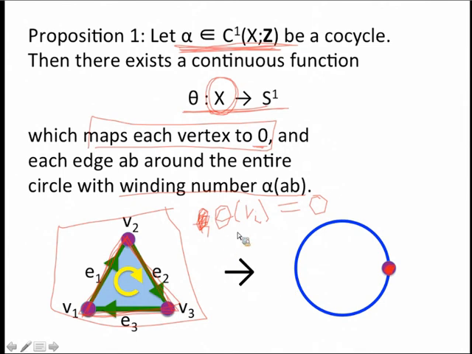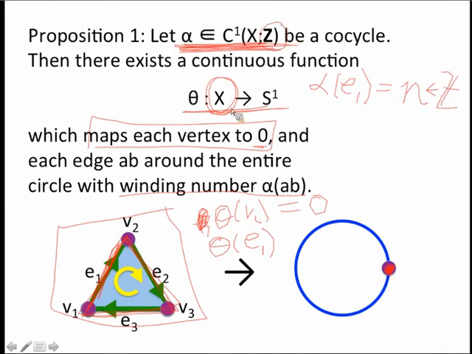Then I will define my map on my edges. Where does theta of E1 go? I take a look at alpha, and where alpha of E1 goes. Alpha of E1 is going to some integer n, because in this case we chose our ring to be the integers.